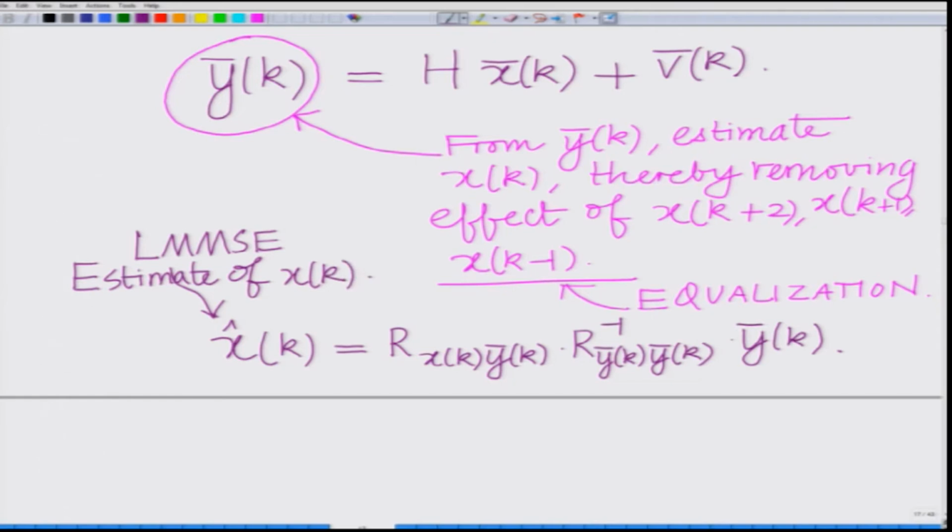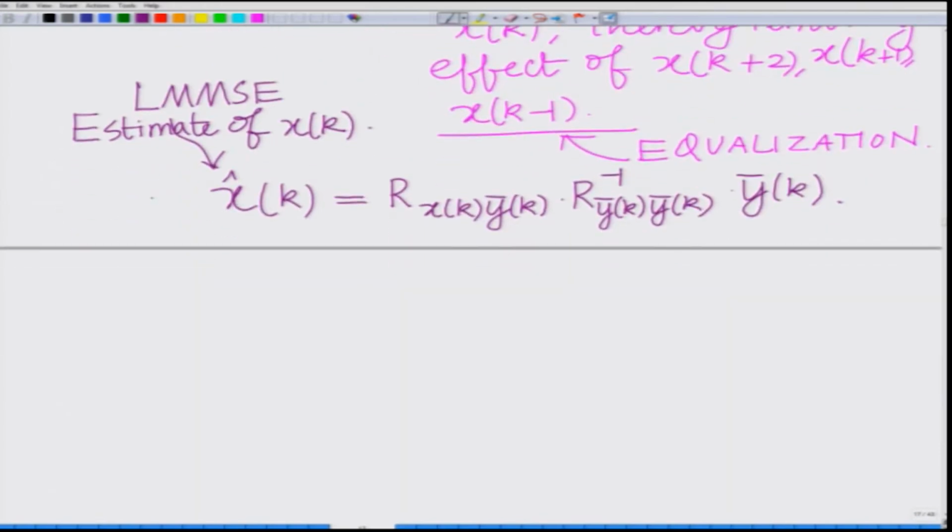This is the LMMSE estimate of x_k, alright. And towards this end, we have to derive these two quantities: R_{x_k ȳ_k}, the cross covariance, and R_{ȳ_k}, the covariance matrix of the output vector ȳ_k.